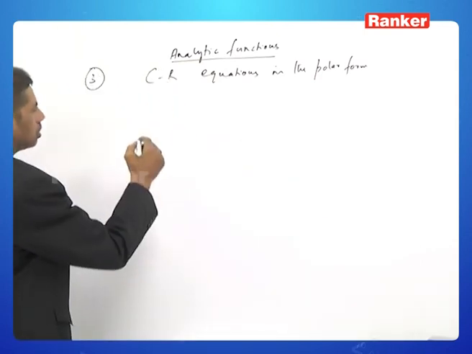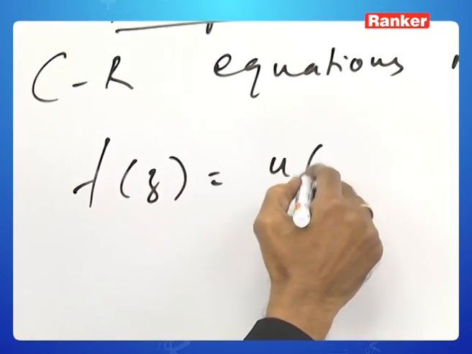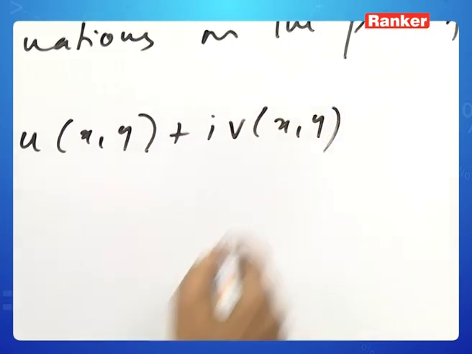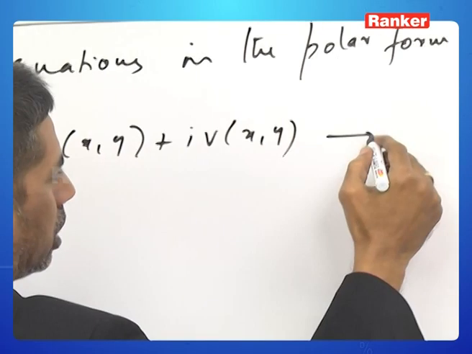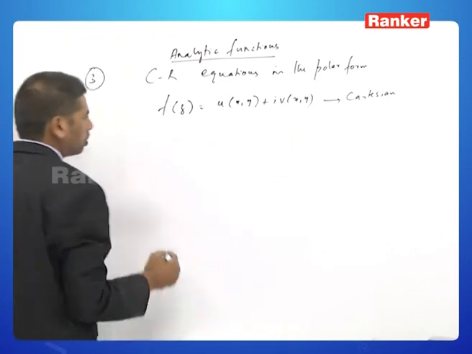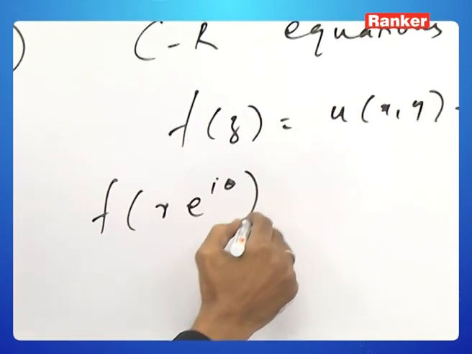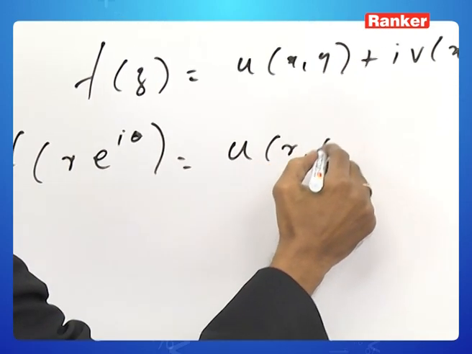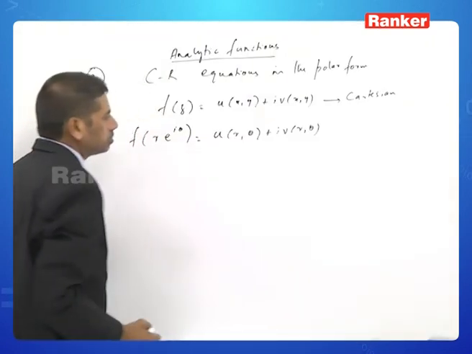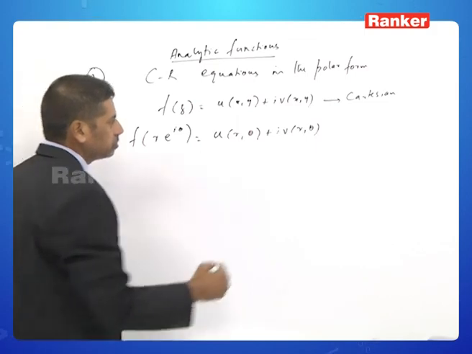Now, it is customary to write f of z is equal to u of x, y plus i v of x, y. This is in Cartesian. Since we are in polar, we write this as f of r e power i theta is equal to u of r comma theta plus i v of r comma theta, where r and theta are polar variables. z is equal to r e power i theta.